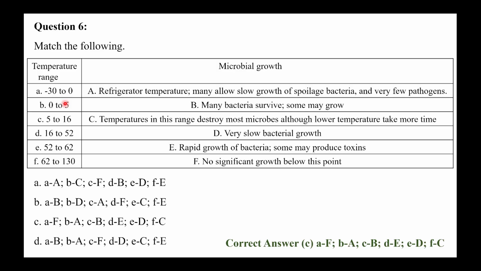Even if we store our food inside the fridge, a lot of times some fungus can grow if it is kept for a very long time. There are certain microorganisms that can grow, but it will be very slow growth. It's not like something will grow in your food immediately the next day.